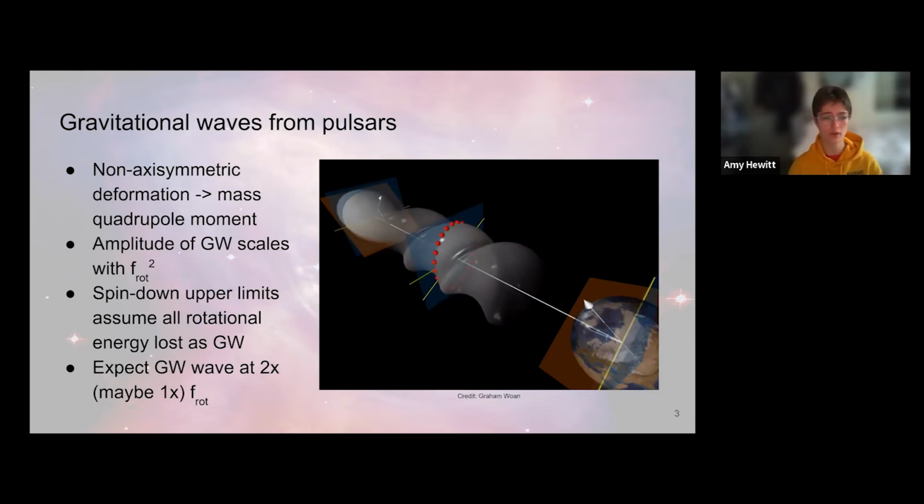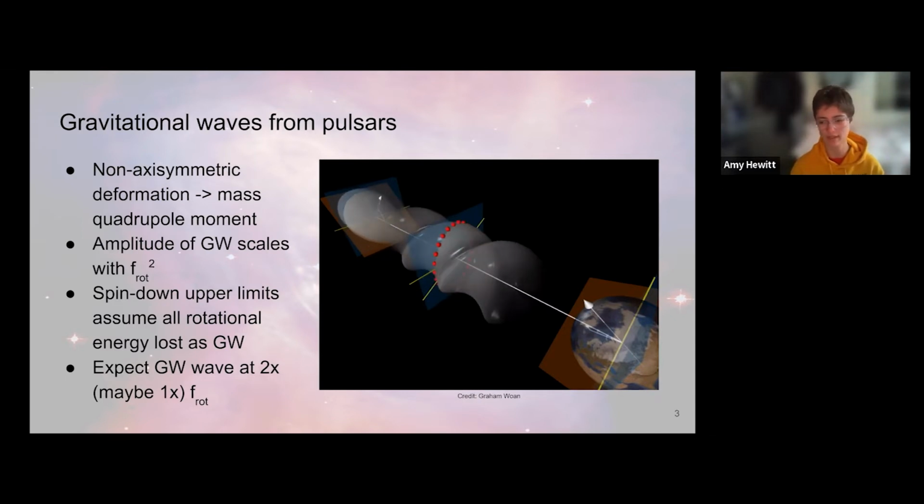If you assume that all of the loss of angular momentum is due to energy being lost through gravitational wave emission, then you can have a very naive upper limit on the amplitude of the gravitational waves. We don't expect that to be realistic, because in reality there's going to be a lot of other processes that are causing it to lose angular momentum or rotational energy that aren't gravitational waves, but this is just how we get our first upper limit.